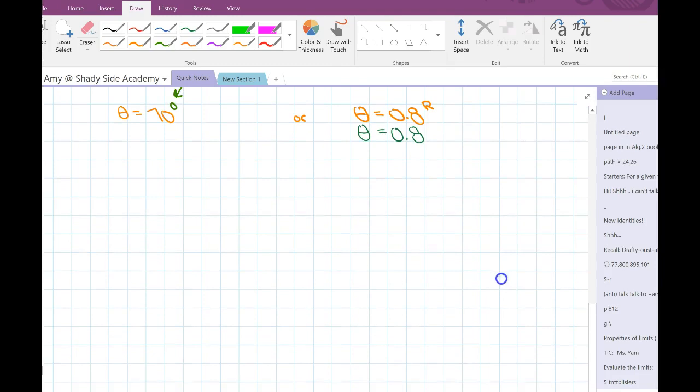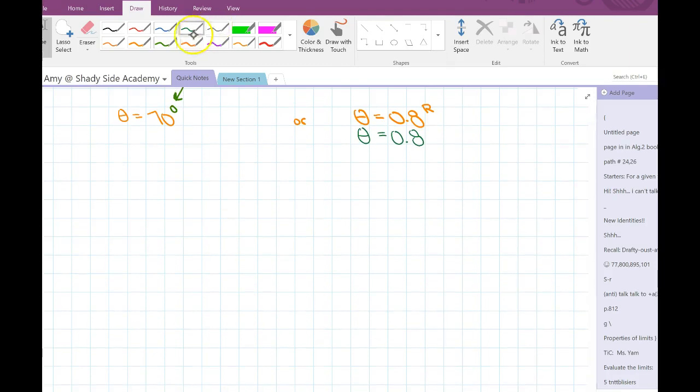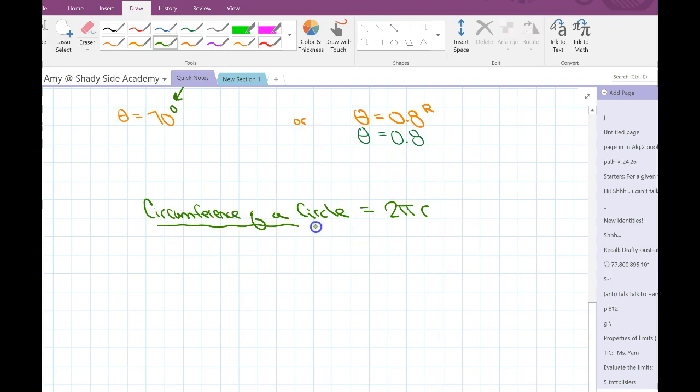So now I lead you to possibly the most epiphanous moment. You have been told, and you probably know, the circumference of a circle equals 2 pi r. Do you have any idea why this is so powerful now?